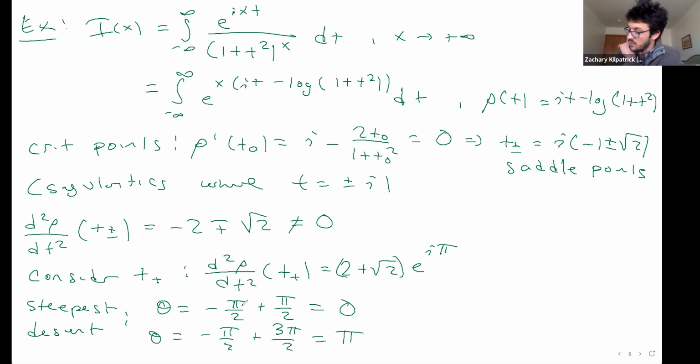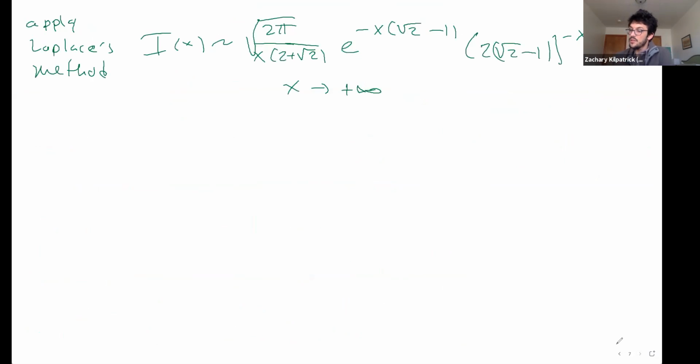Whatever your starting angle is, so whatever your second derivative value is, you pull out the angle from that in terms of a polar coordinate description, and take the negative of that divided by 2 plus pi over 2 and plus 3 pi over 2 in that case. Okay. So this is our leading order approximation.